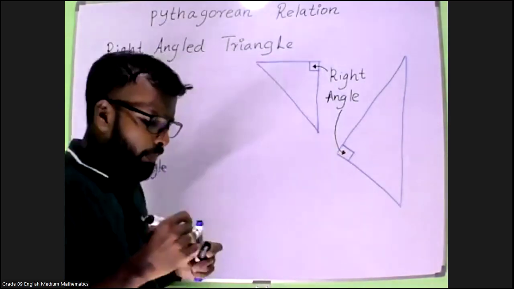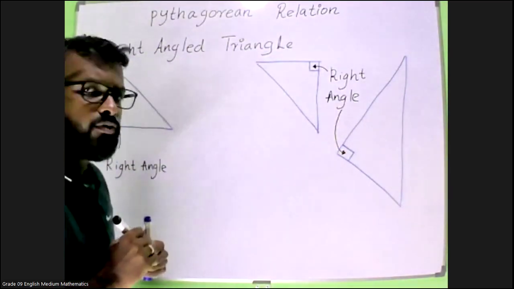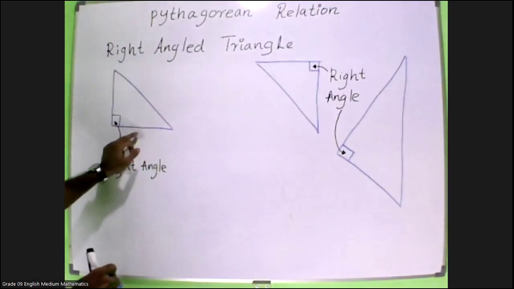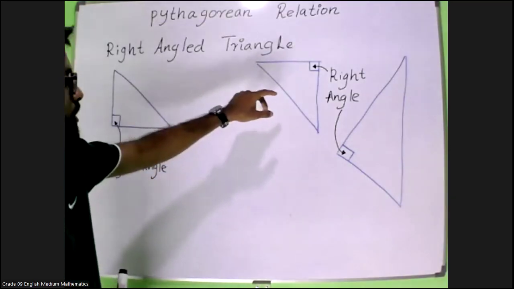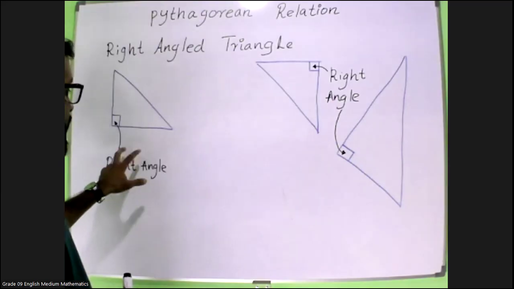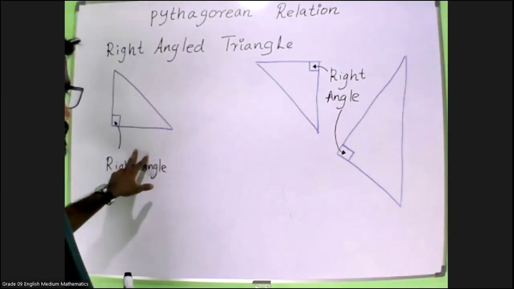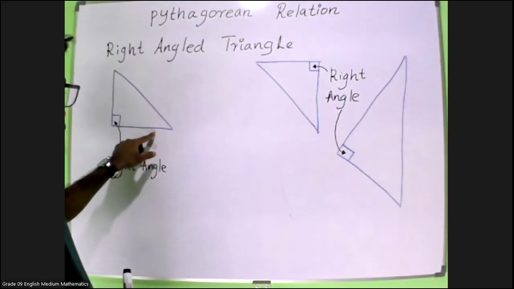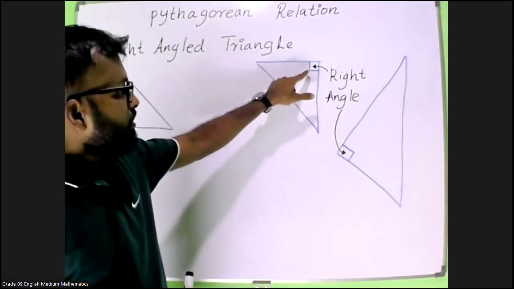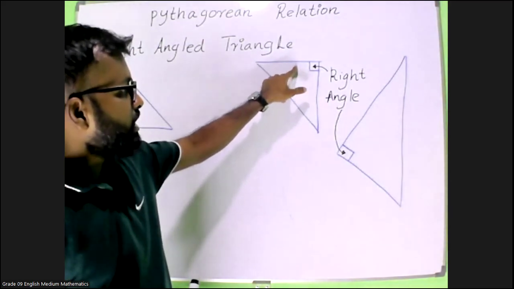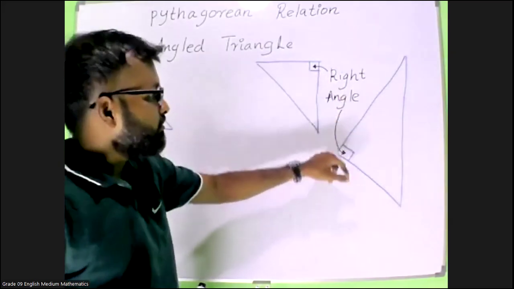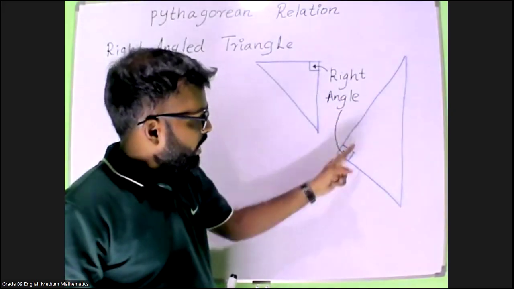Apart from that, you have two sides. Those two sides are attached to the right angle, right? So this right angle is formed by these two sides. A right angle and two sides.